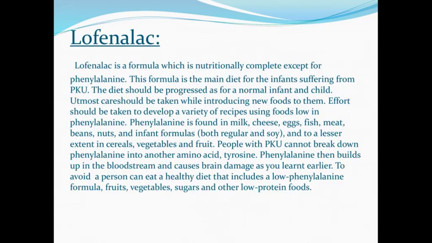Okay. To avoid this, a person can eat a diet that includes a low phenylalanine formula. They can eat a diet which is high in fruits, vegetables, sugar and other low protein foods. So basically avoid high protein foods, also proteins coming from milk and from soya. If you avoid all these things, then you can avoid the phenylalanine buildup in your bloodstream.